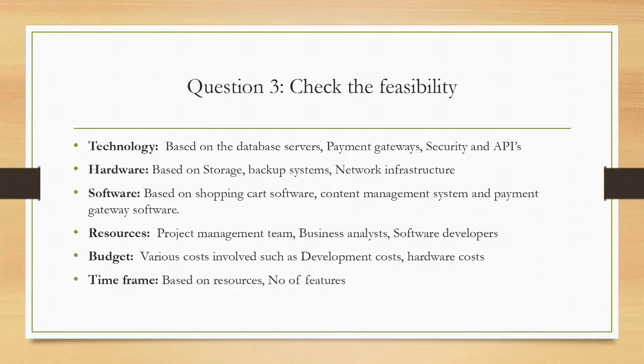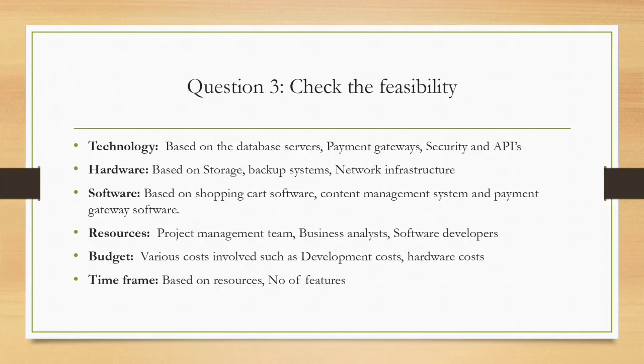So what technologies we will be having, and is this suitable for this project or not, what hardware and software, what resources we have, like human resources and technical resources, the budget given by the client side, and the timeline he gave to us. By checking all these things, we will do the feasibility, whether this project is viable for our organization, and if it is okay in all these terms, then we will be taking the project.